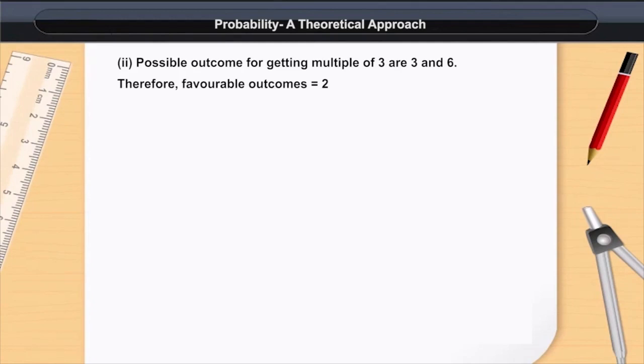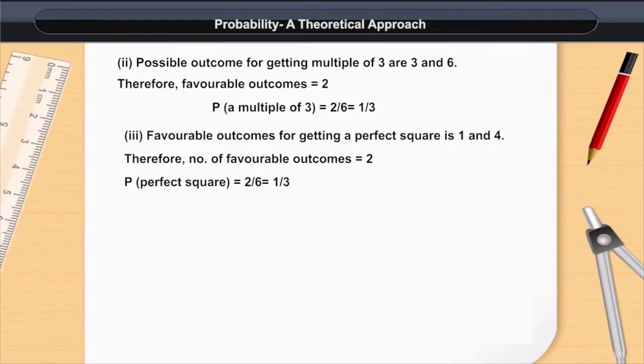2. Possible outcomes for getting a multiple of 3 are 3 and 6. Therefore, favorable outcomes is equal to 2. P(a multiple of 3) is equal to 2 upon 6, is equal to 1 upon 3. 3.